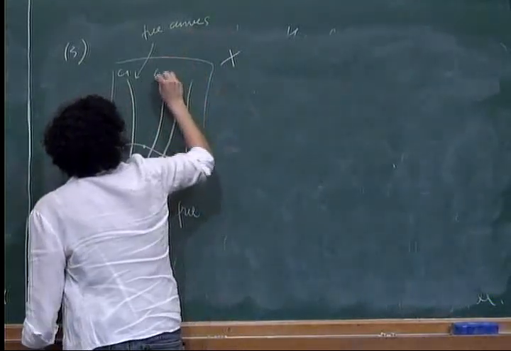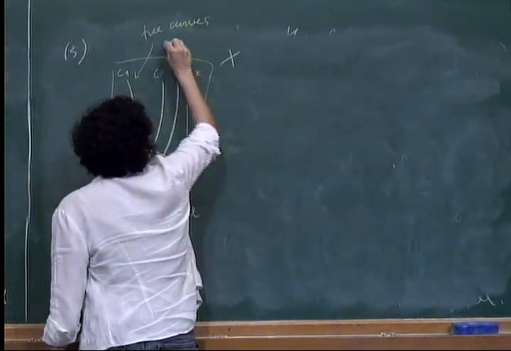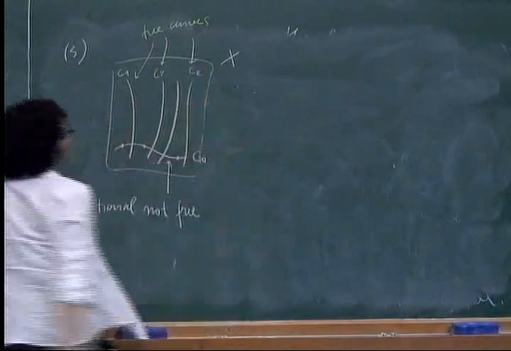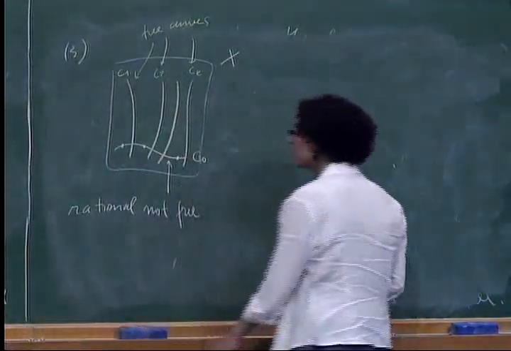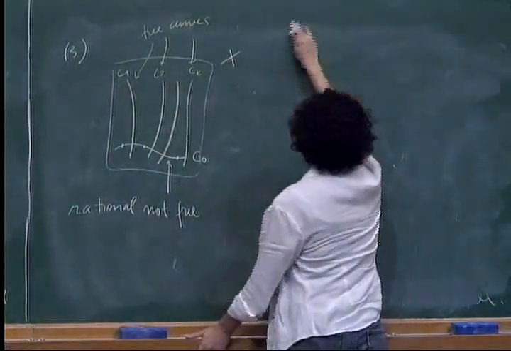So I take C2 up to CK, free curves meeting C0. So let me write what I'm saying here.